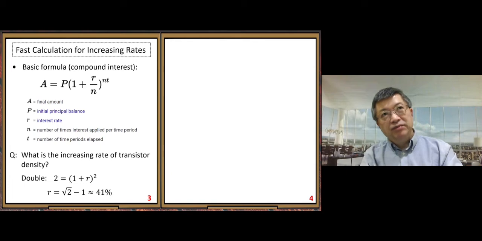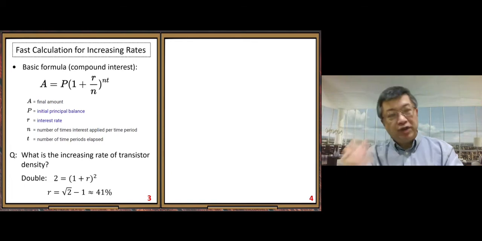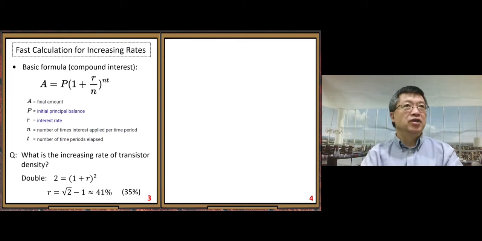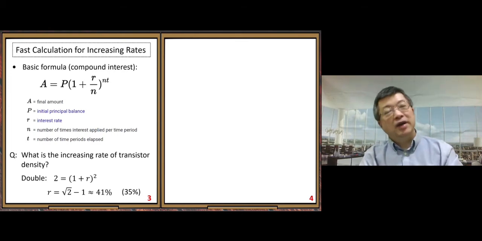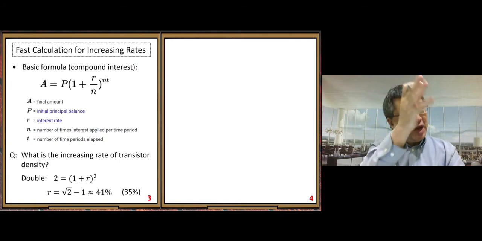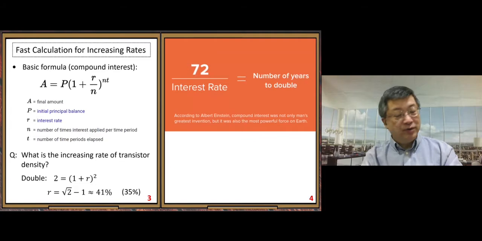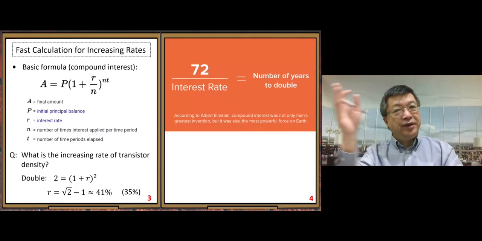But in our previous discussion, we got 35%. We can see a lot of difference, 6% difference. So why is that? I can explain using a special rule. Here I want to talk about the rule of 72.